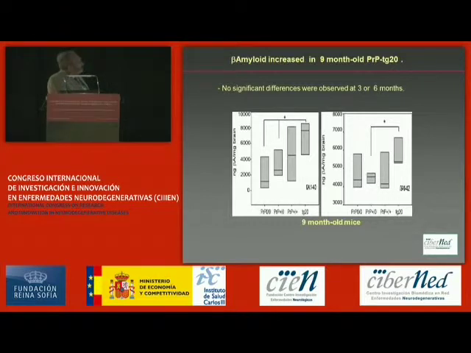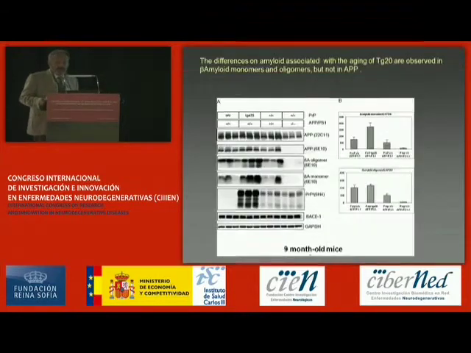However, after 9 months, the older mice increase the amount of amyloid 140 and 142 in a nice correlation with zero copies, copies of PrP, 1, 2, and this is the 4-6 element. So the amount of 140 determined by ELISA is clearly increasing in those old animals.